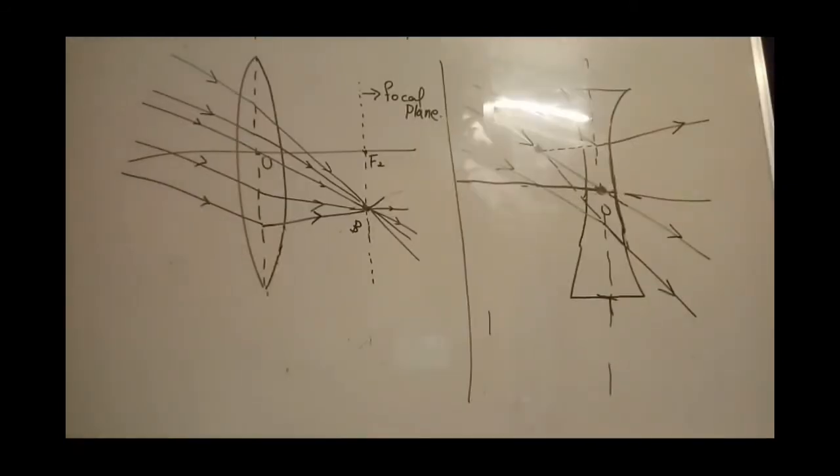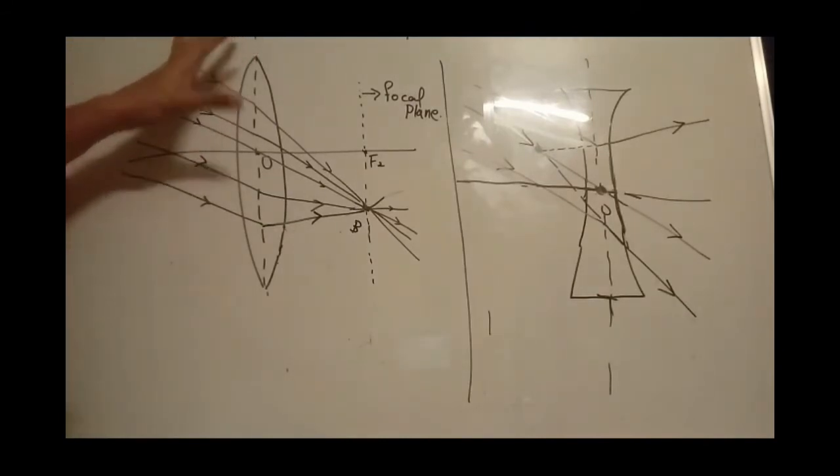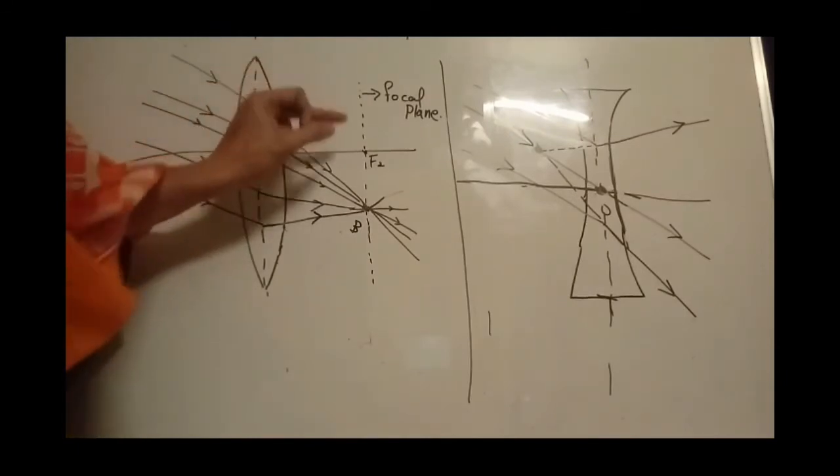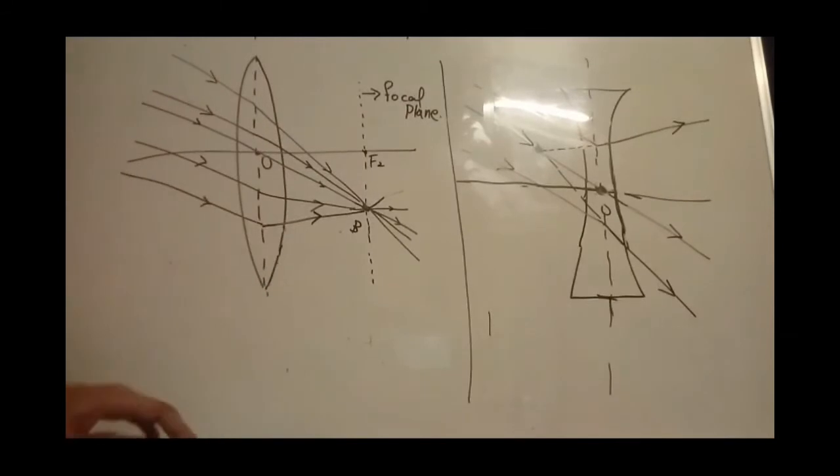Now you know that there can be parallel rays which are not parallel to the principal axis. In the previous case we have seen parallel rays which are parallel to the principal axis, and after refraction through a convex lens they converge to a single point which is known as the focal point. Now there are cases in which the parallel rays can be oblique.